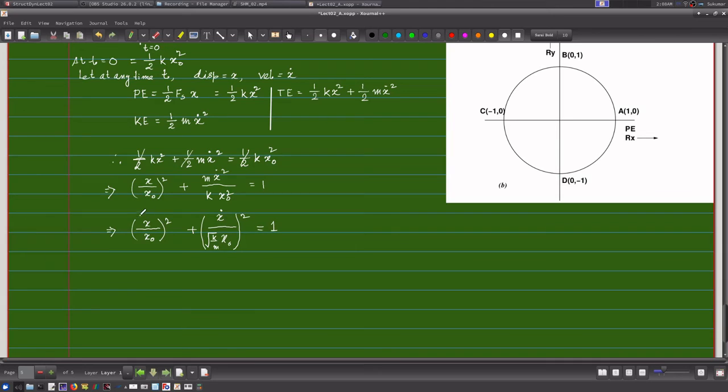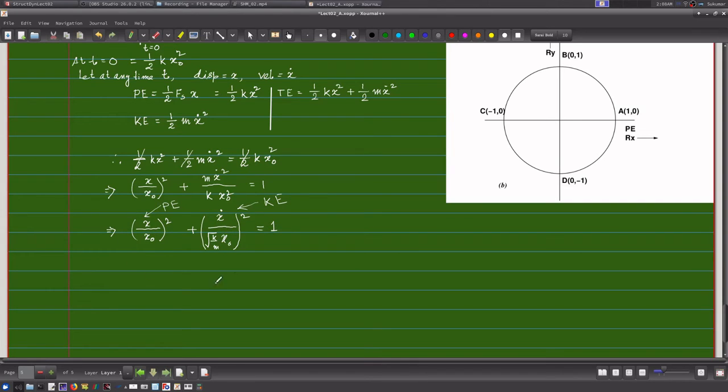Now you see this first term is a ratio of x by x naught, and therefore it is a ratio of displacement, so this quantity is proportional to my potential energy. And this quantity is related to my kinetic energy because it is proportional to the square of velocity. And what we have seen is that this term plus this term gives me 1.